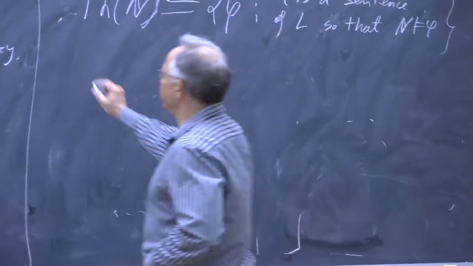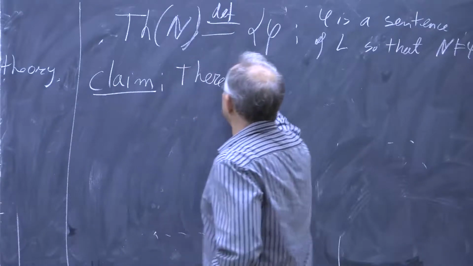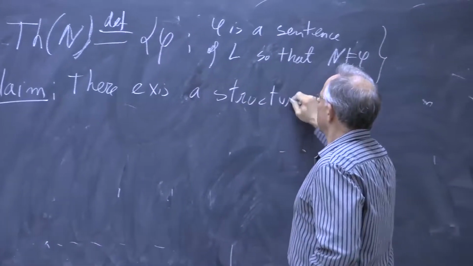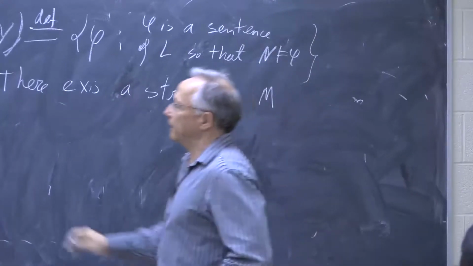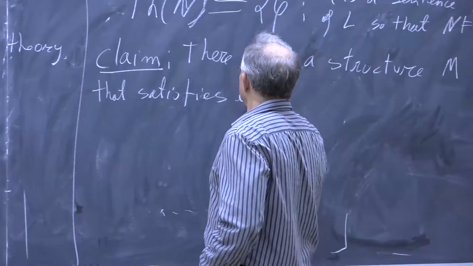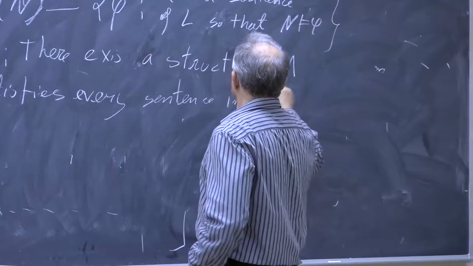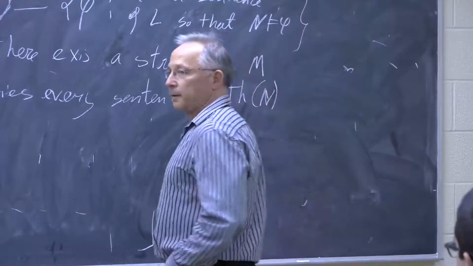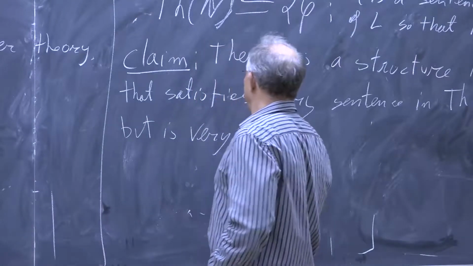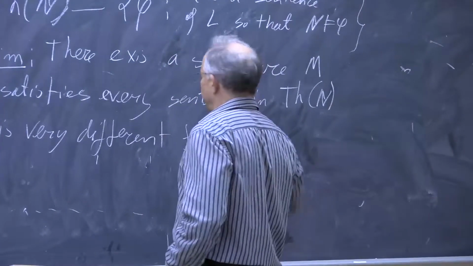So here is my claim. There exists a structure M that satisfies every sentence in the theory of N, each of my requirements, but is very different from N. What do I mean by very different from N?